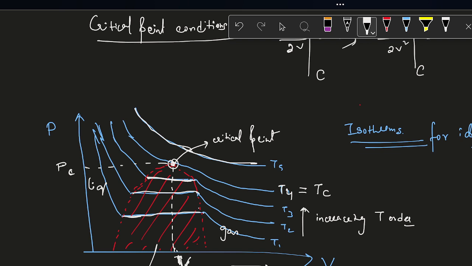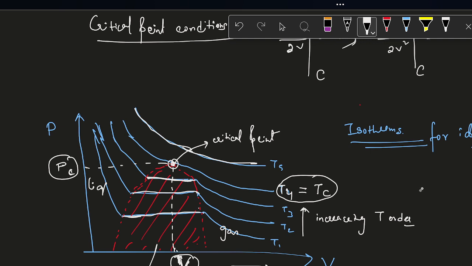So basically you get your parameters: critical point pressure Pc, critical point volume Vc, and the temperature at which the isotherm appears is the constant temperature Tc, which is the critical point temperature. So basically you now know the physical significance behind the critical point.